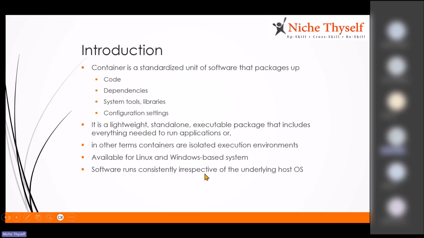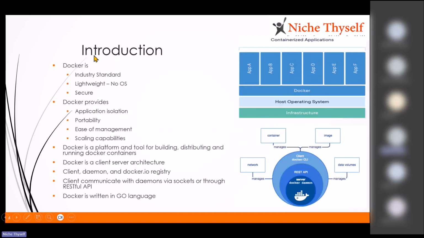So Docker is industry standard and lightweight, with no OS. Even though I say it is CentOS, an actual instance of the OS is not running there. Infrastructure here means your hardware.